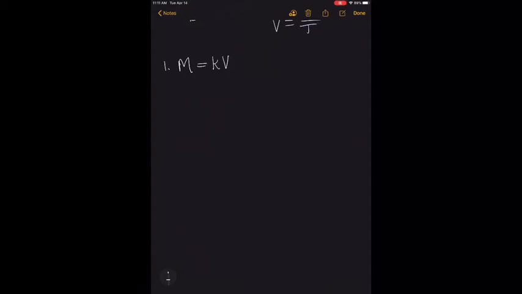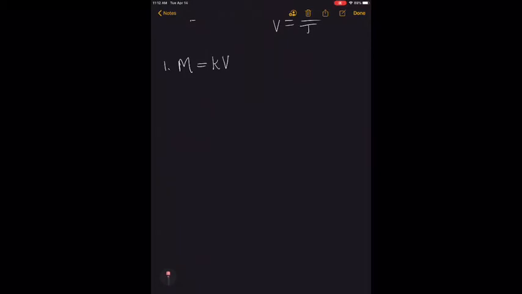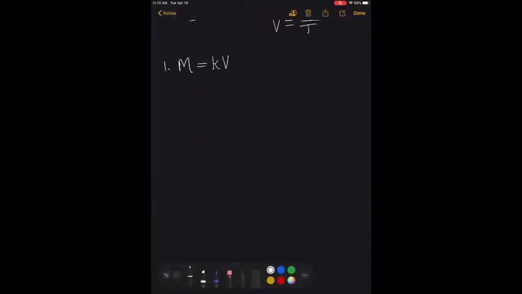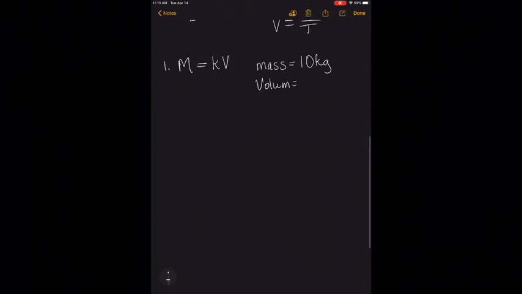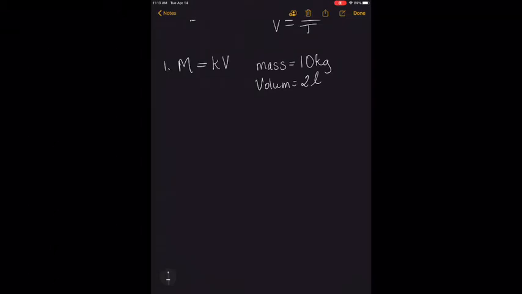So this is our equation we're going to use. A mass of 2 liters is 10 kilos. So let's identify what the mass is. The mass is 10 kilos, and the volume is 2 liters. We want to make sure we put these in the right place.